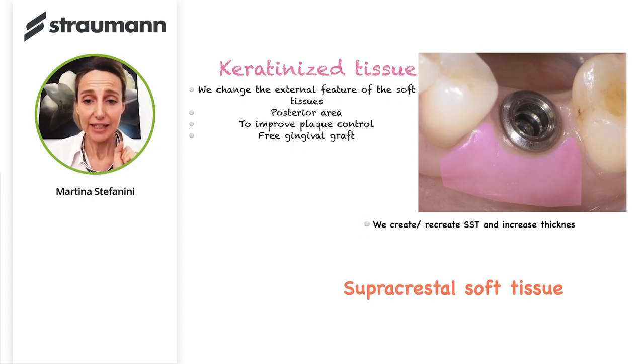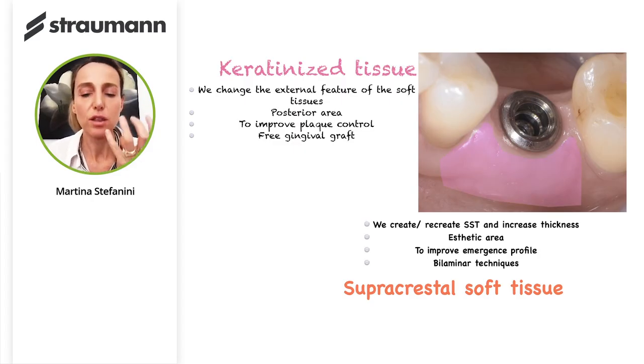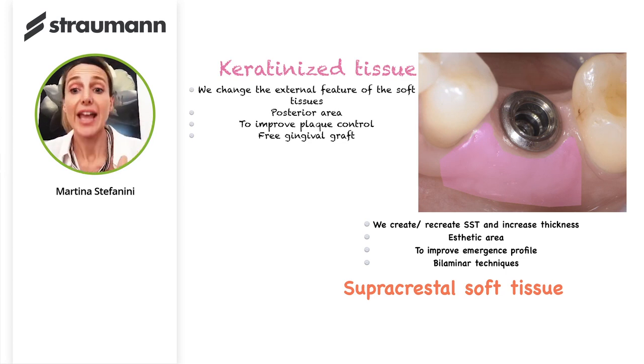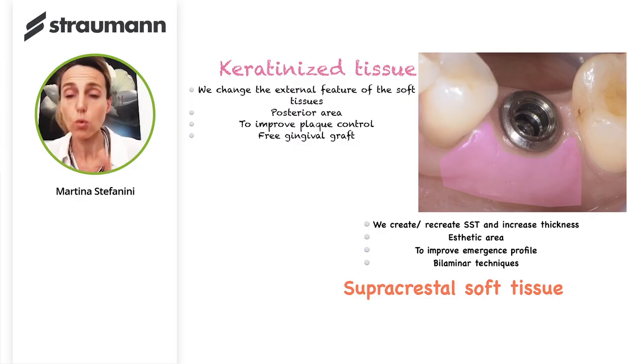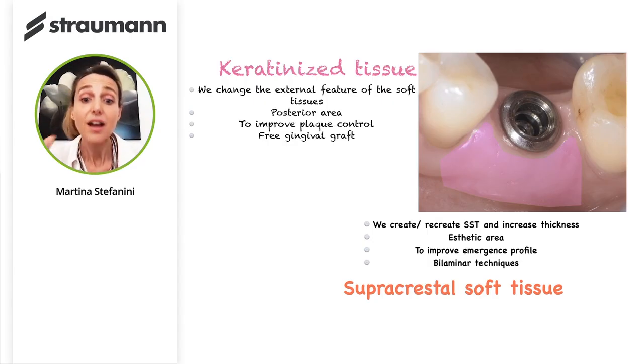While the techniques that aim to change the supracrestal soft tissue are indicated to create supracrestal soft tissue of the right thickness when we place implants, or to recreate, as in case of soft tissue dehiscence treatment, the right quantity in height and thickness of the supracrestal soft tissue.